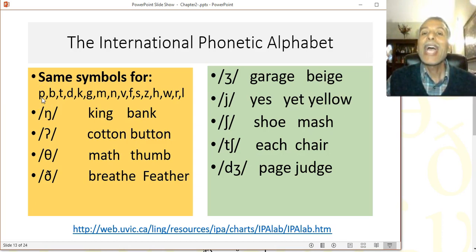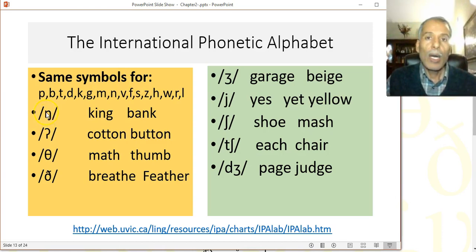When you say pen, you use P. The B as in banana, you use B. T as in eat, you use T the same way. D, K, G, V, F, S, Z, H, W, R. These do not change. The same letters we use to refer to the sounds that match them.